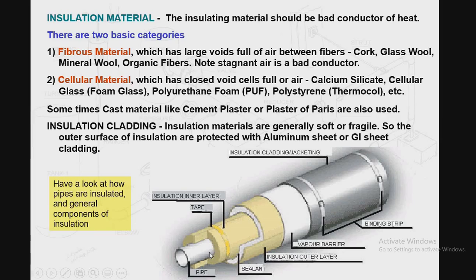Here we see the pipe, this tape, here a sealant is used, insulation inner layer, here this insulation outer layer, vapor barrier, this insulation cladding or jacketing made from aluminium sheet, as we said, and a binding strip.